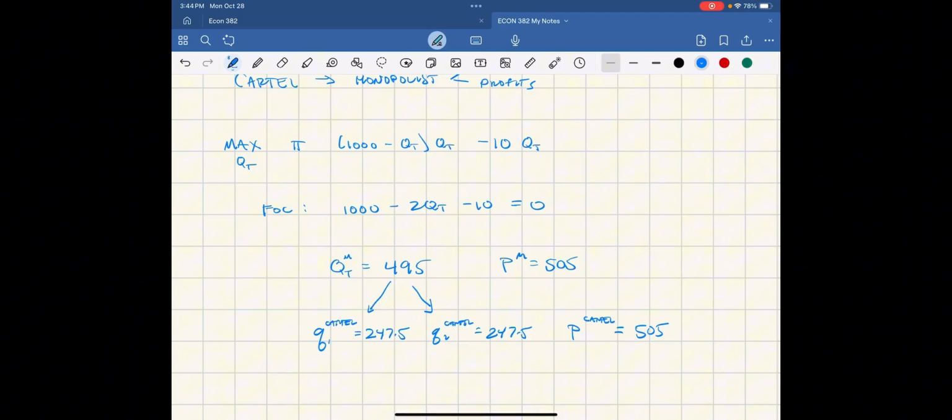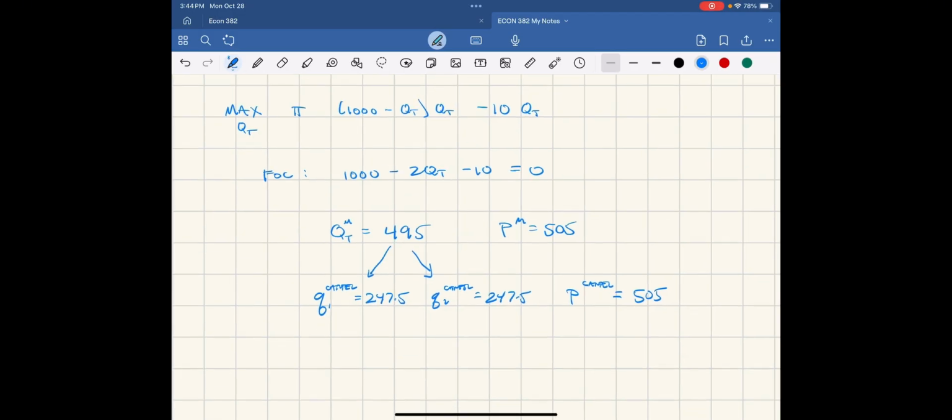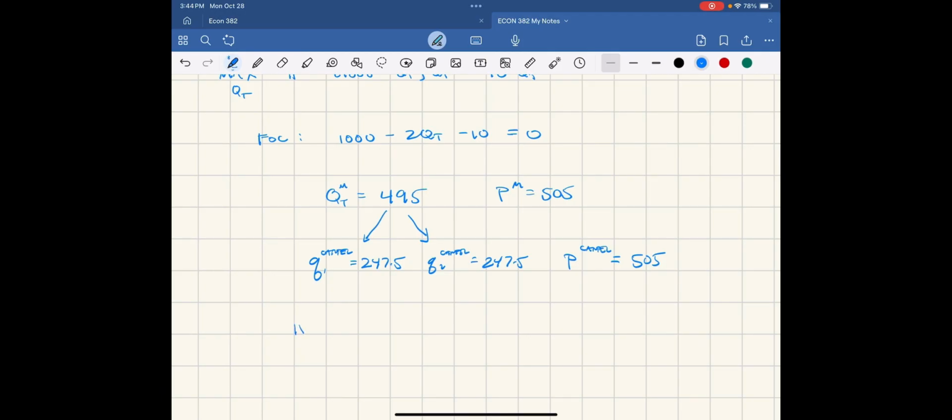So the cartel is they join together, they coordinate, they cooperate, and they decide each to produce half of the monopolist's optimal quantity.